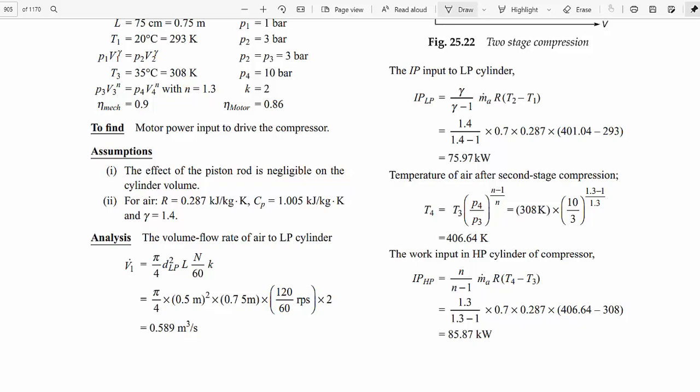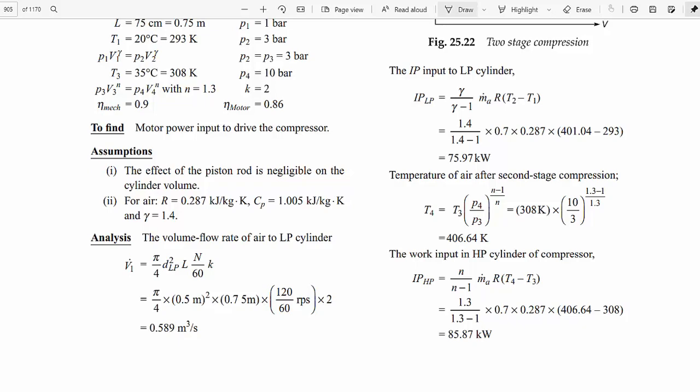Therefore, V dot equal to pi by 4 d square LP into L into n by 60 into K. D LP is given, L is given, n equal to 120 RPM and K is equal to 2 for a double acting cylinder. Then substitute the values in meters. The division by 60 is the conversion factor from minutes to seconds. Then V dot is equal to 0.589 meter cube per second. It's the volume flow rate of the LP cylinder.